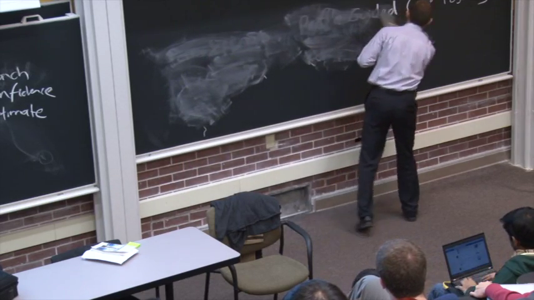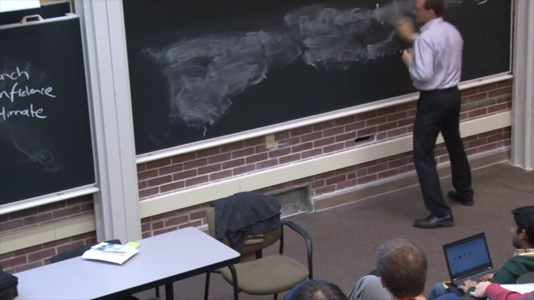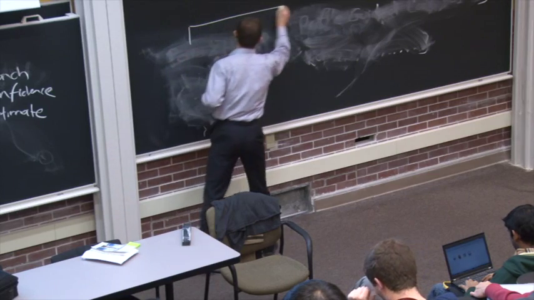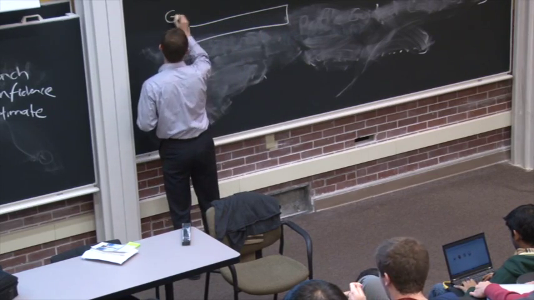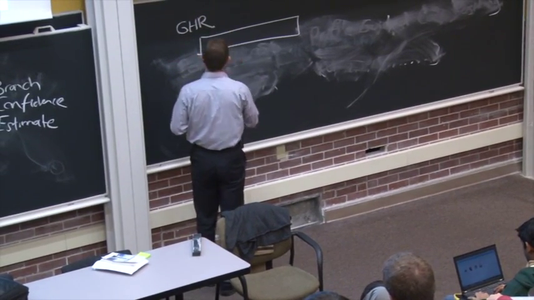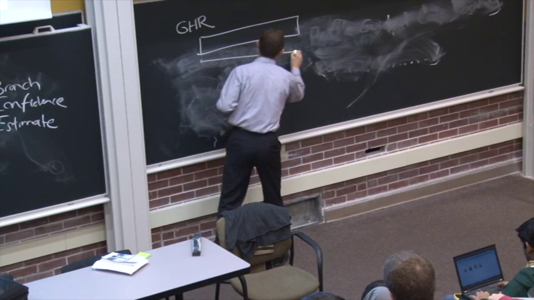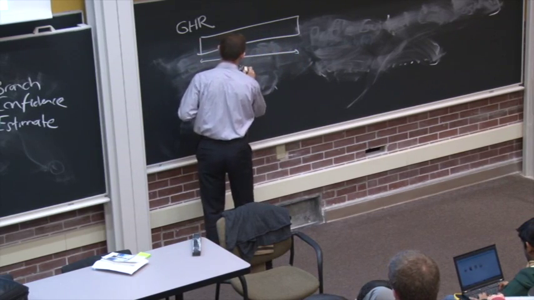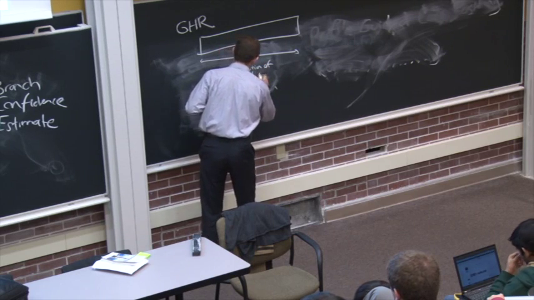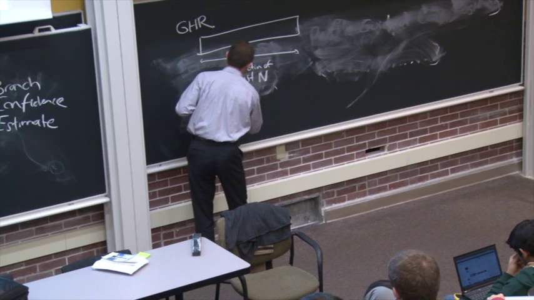Well, what is that? That's basically a global history register. You have this, what I'll call a global history register. And you can write down the long form, which basically tells you the direction of the last n executed branches.